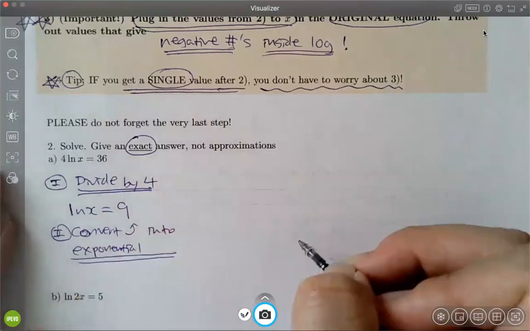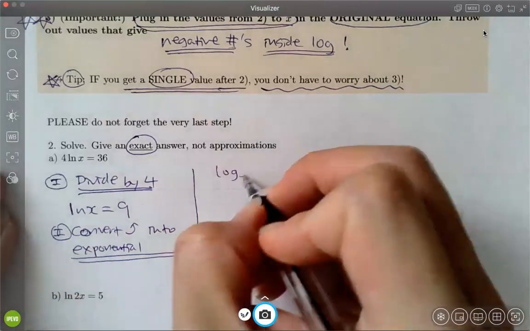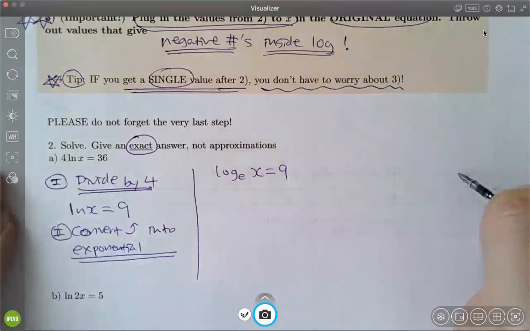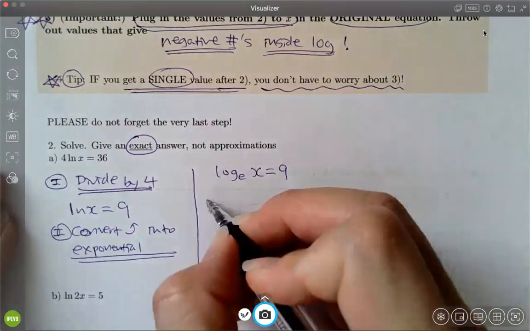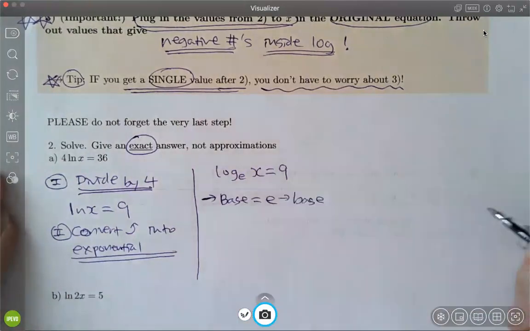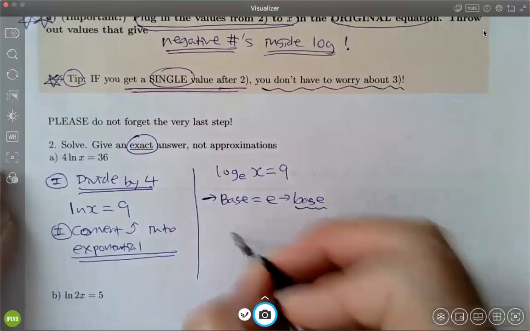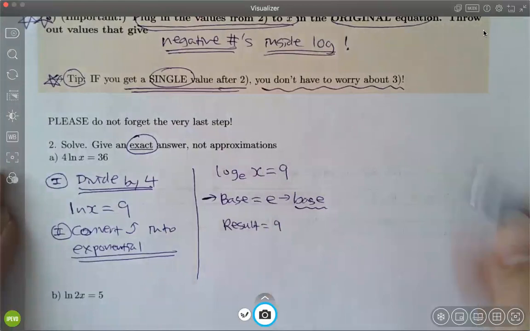So what do we do? So here the base is e, right? Okay, so the base goes to the base. Okay, so base is e, which goes to the base. And then what is the result of the log? 9, right? And that becomes the exponent.